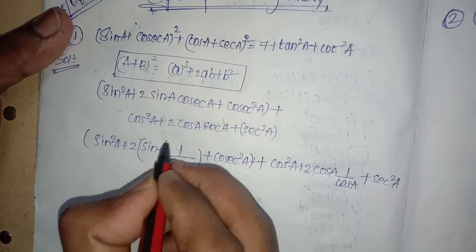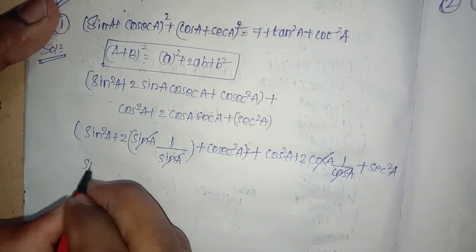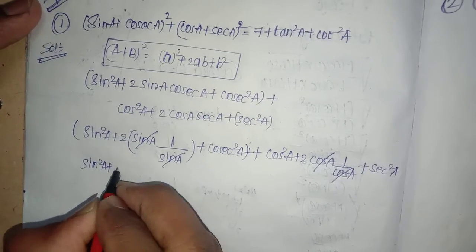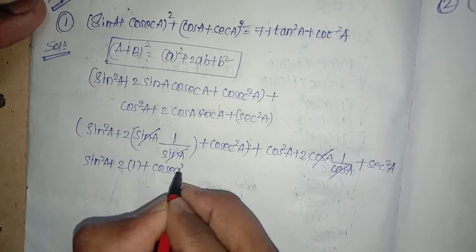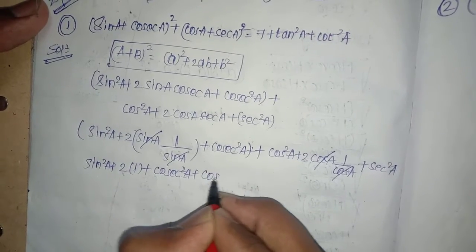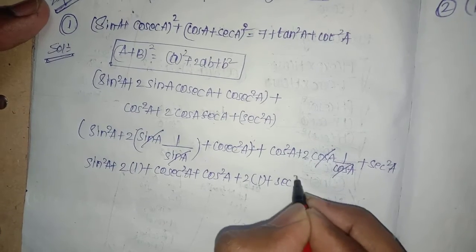So we will cancel this; cos a cancels. So sin square a plus 2 into 1 plus cosecant square a plus cos square a plus 2 into 1 plus secant square a.